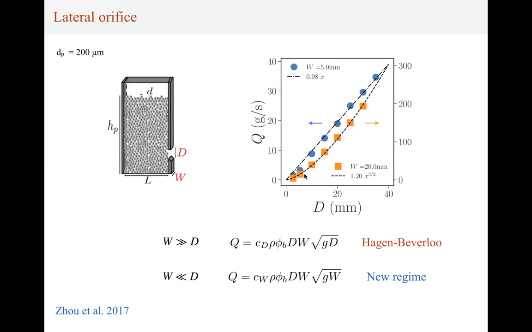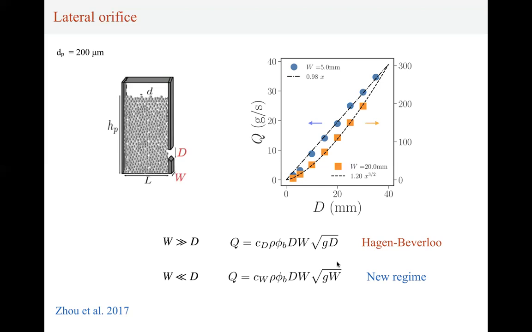If the flow rate is linear with D, if you do a dimensional analysis, you obtain that the flow rate varies with the power law 3/2 with W, the silo thickness, and that means that the velocity scales with the square root of W. And that's really surprising because we don't expect an arch to develop in the thickness, because we have smooth surfaces.